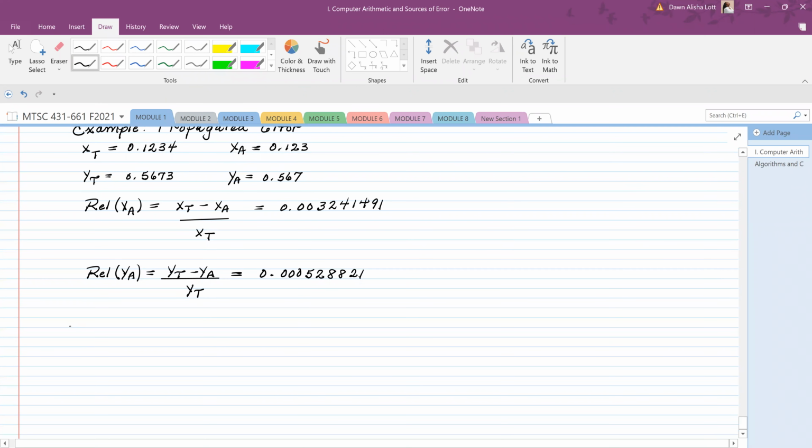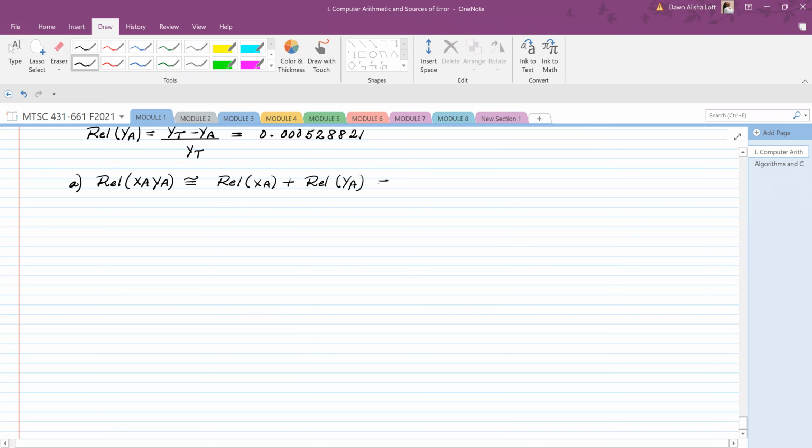So let's do first, what is the relative error if you multiply X approximate, Y approximate? So really I want X true times Y true, but instead I get X approximate, Y approximate. Well, we proved that this is very close to the relative error in X approximate plus the relative error in Y approximate.